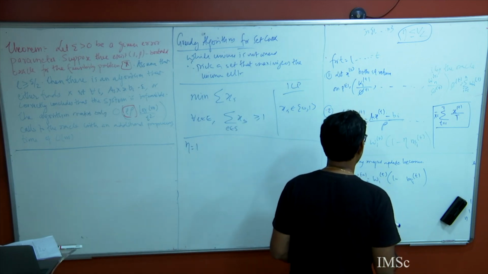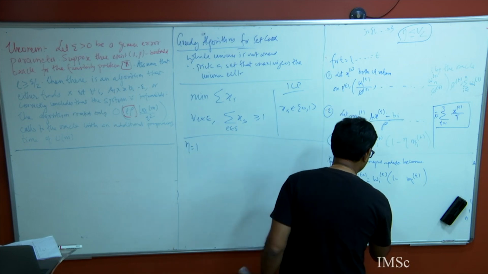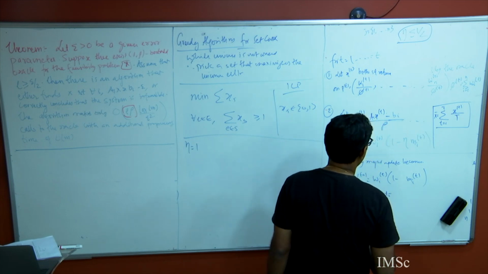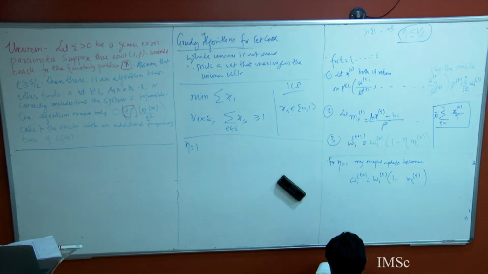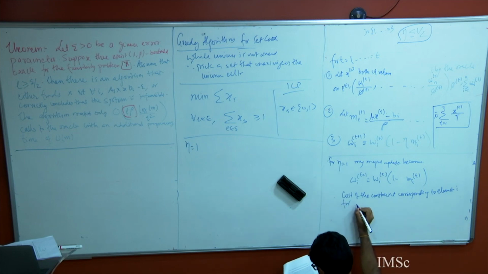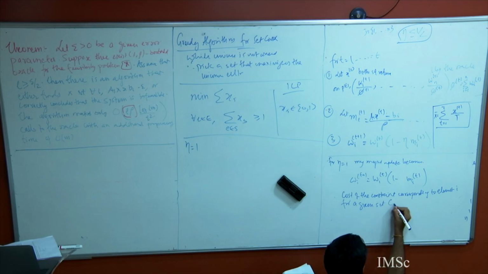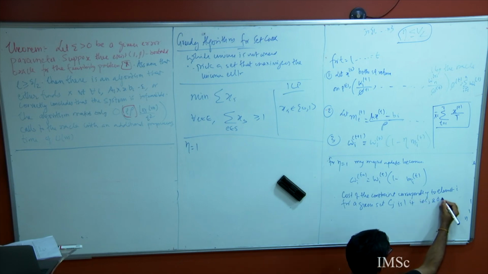This is very easy, no? Let's define the cost of the constraint corresponding to element i for a given set C_j as 1 if i is in C_j and 0 otherwise.